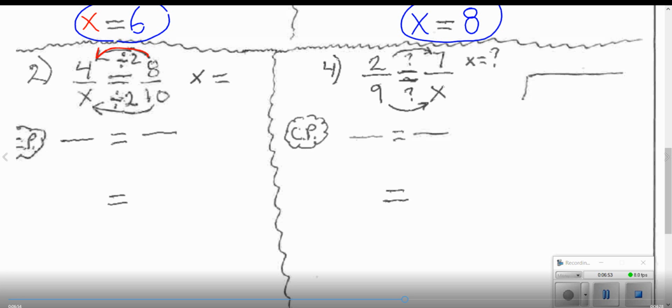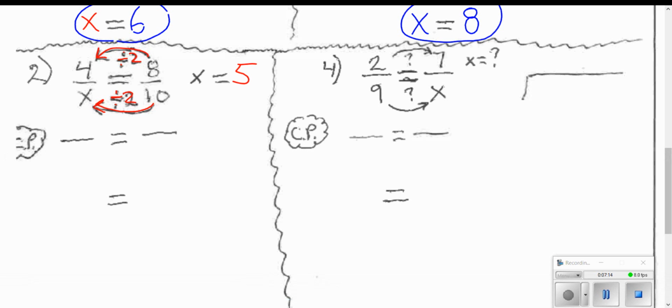Okay, let's go to number 2, this one here. Notice if I'm trying to go from 8 to 4, I just divide by 2. So for 10, I would divide by 2. 10 divided by 2 is 5. The answer is 5. So that's 4 over x, 8 over 10.